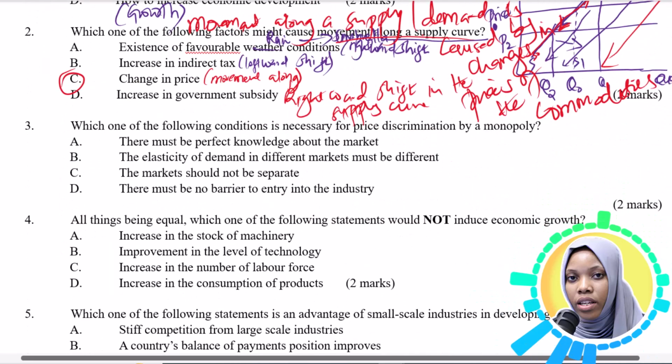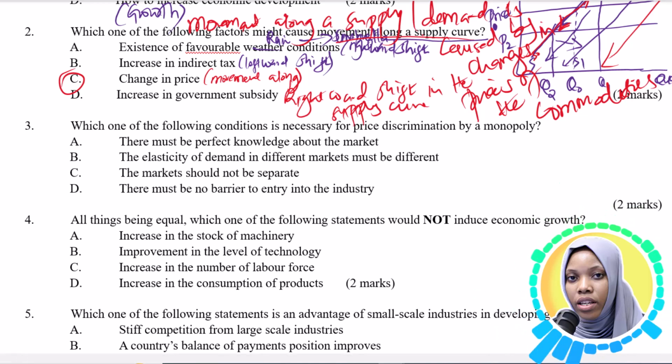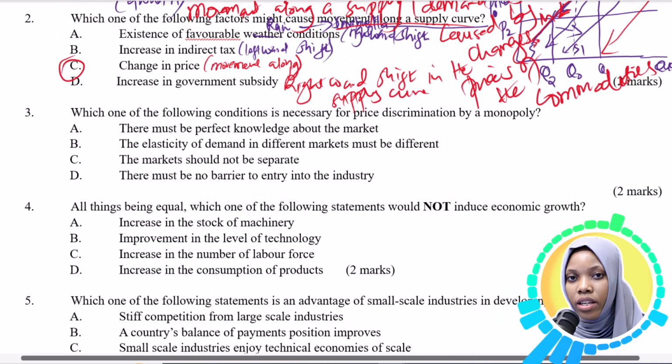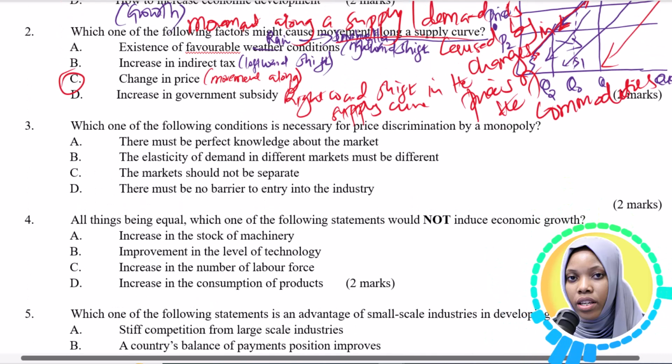If the examiner also asked about a movement along the demand curve, the answer is also change in price. The only factor that causes a movement along a supply or demand curve is changes in price. It can be an upward or downward movement depending on the price.